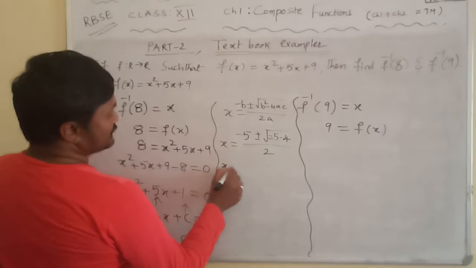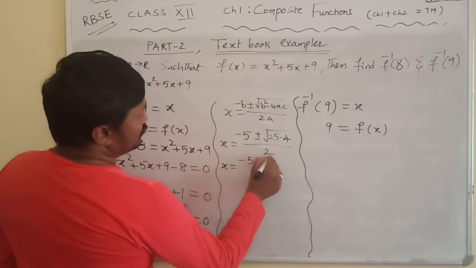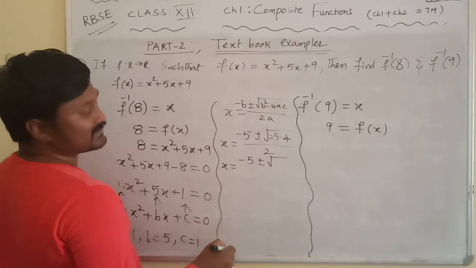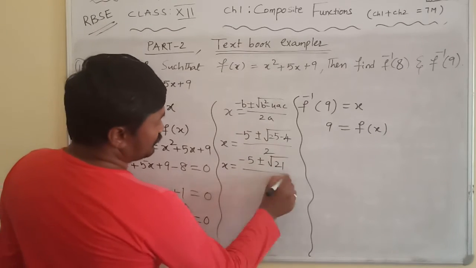So that is x is equal to minus 5 plus or minus square root of 25 minus 4, which is nothing but 21, upon 2.